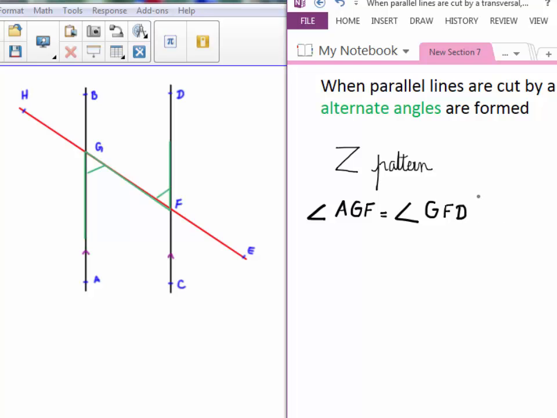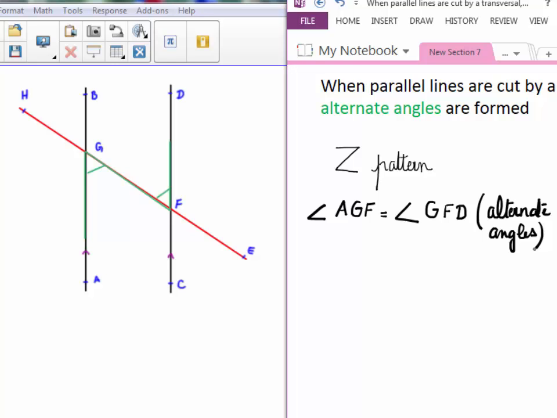And again, for communication, to let the teacher understand why they are equal, we have to write alternate angles. It's very clear, these two form the Z pattern.